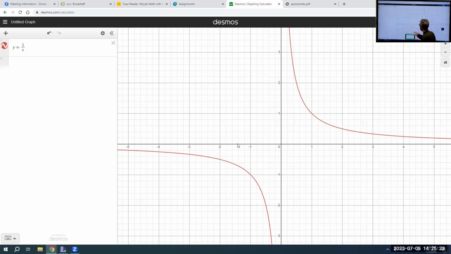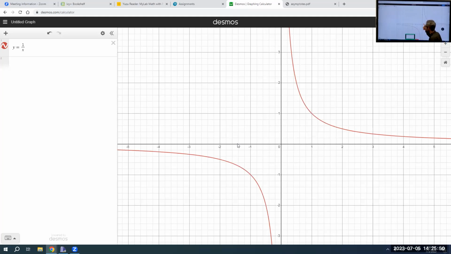From negative infinity going to 0, we were coming along, and then all of a sudden we shoot down to negative infinity. That's because the function can't actually hit 0. We don't have a definition of what it means to hit 0. So 1 over 0, we don't even know what that means. So the graph is just shooting down to negative infinity.